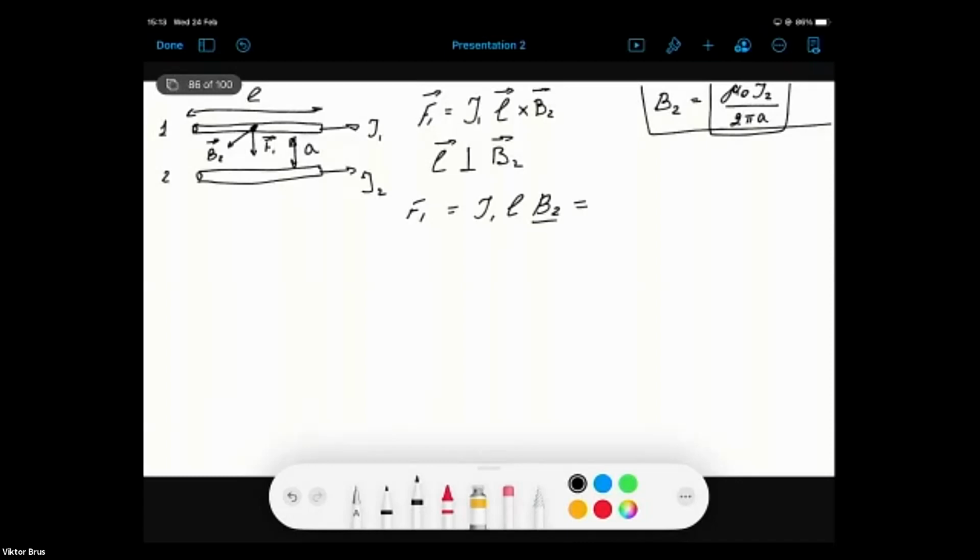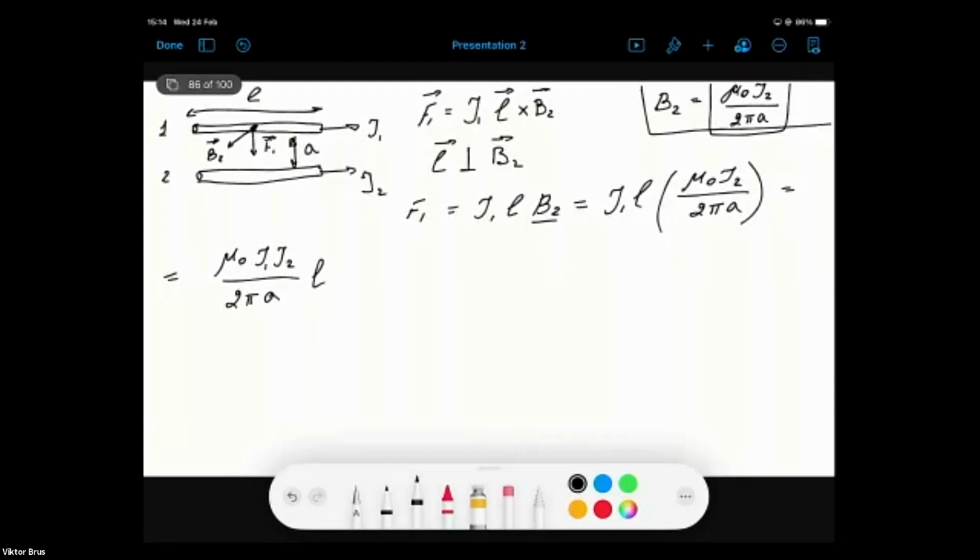So this will be equal to I1 L times L times this expression, mu naught times I2 divided by 2 pi a, and this will be equal finally to mu naught I1 times I2 over 2 pi a times L, the length of these two wires.